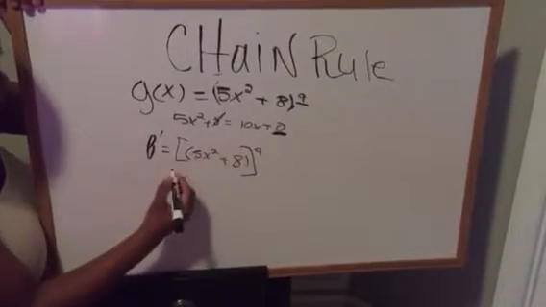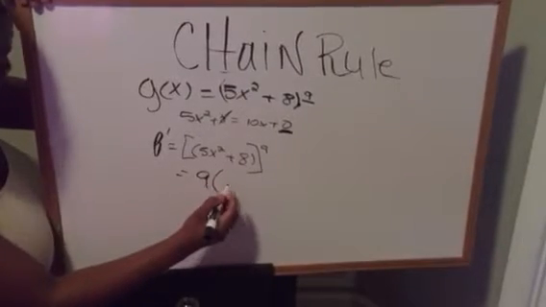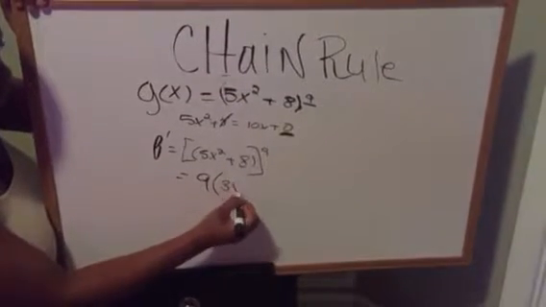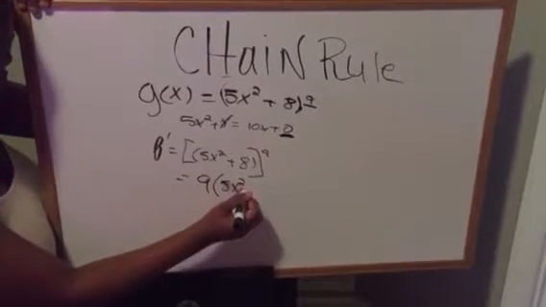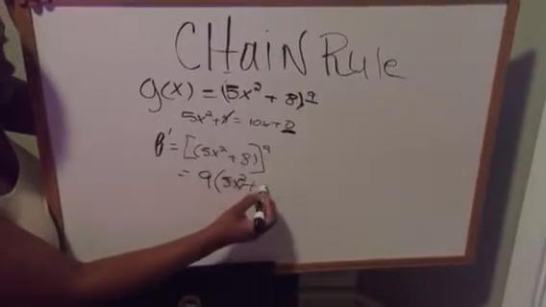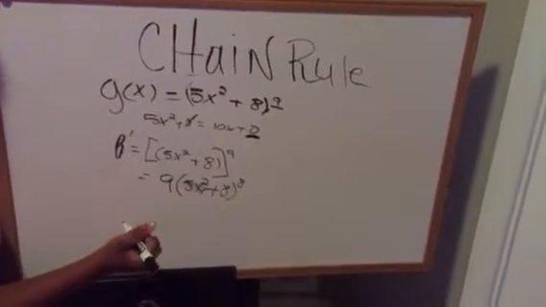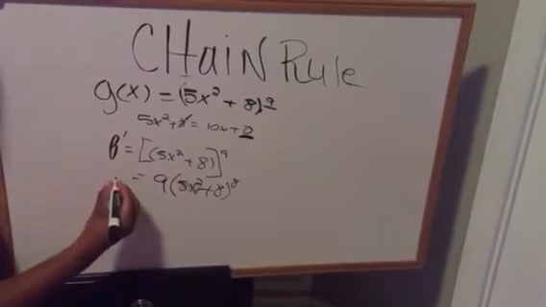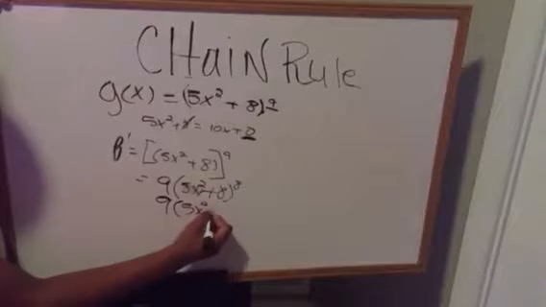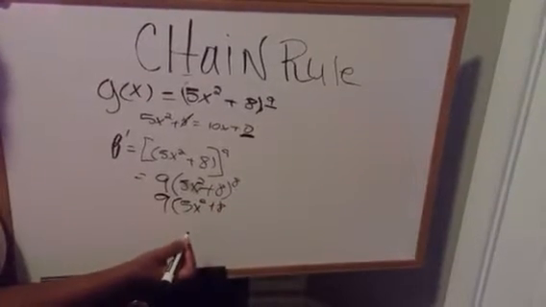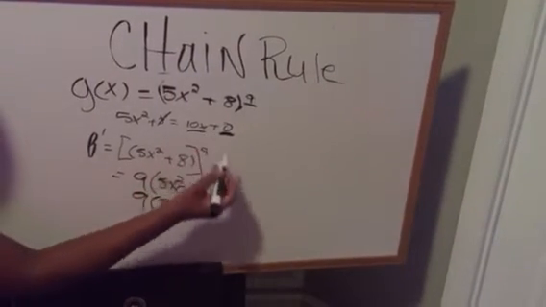So we take that and we multiply it by 1, so it'll be 9 times 5x squared plus 8 to the 8th power. Okay, and then we take that whole function, 9 times 5x squared plus 8, and we multiply it by 10x.